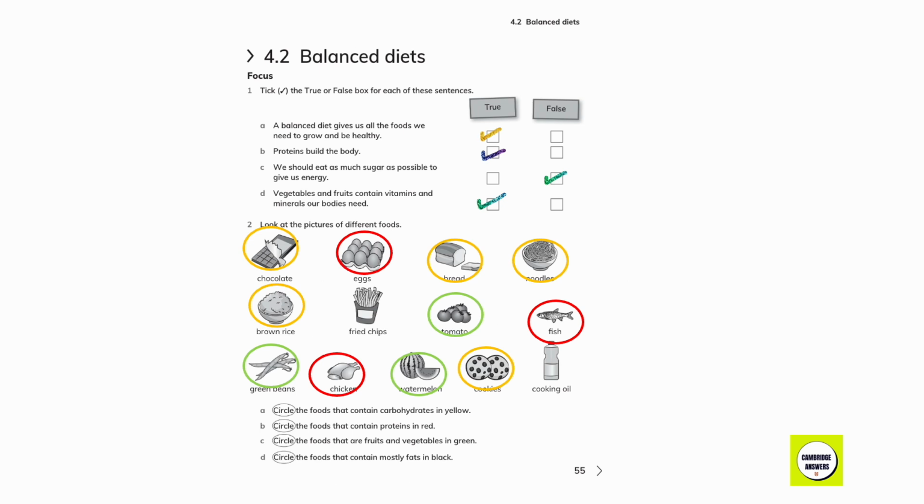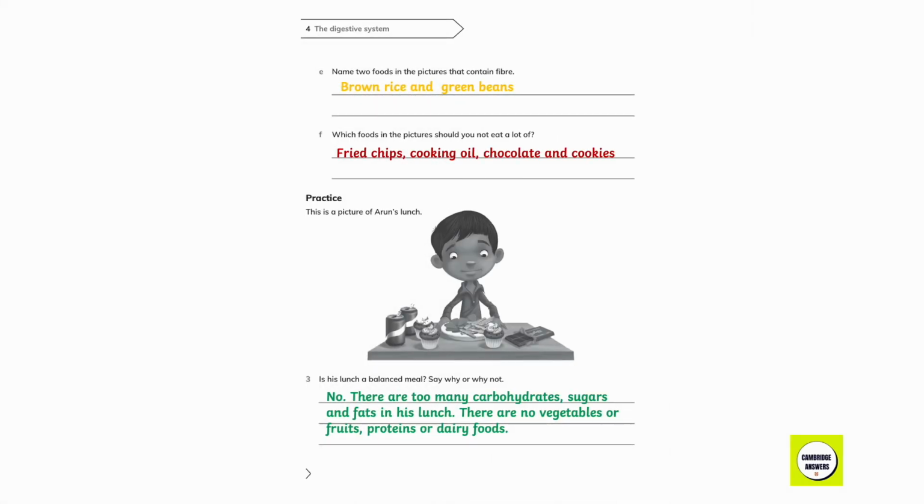Circle the foods that contain mostly fats in black: fried chips and cooking oil. We've already done that. Name two foods in the picture that contain fiber: brown rice and green beans.